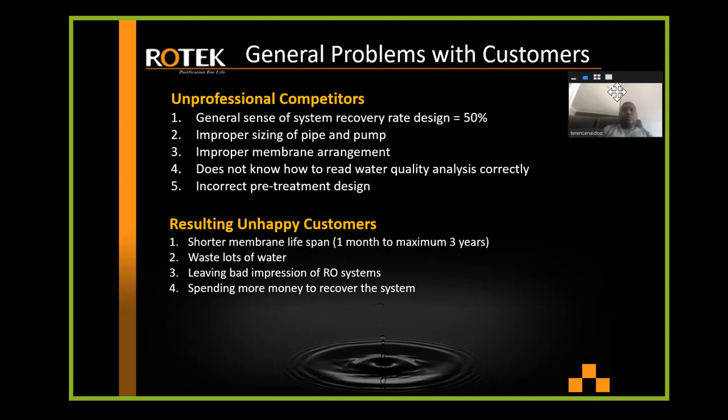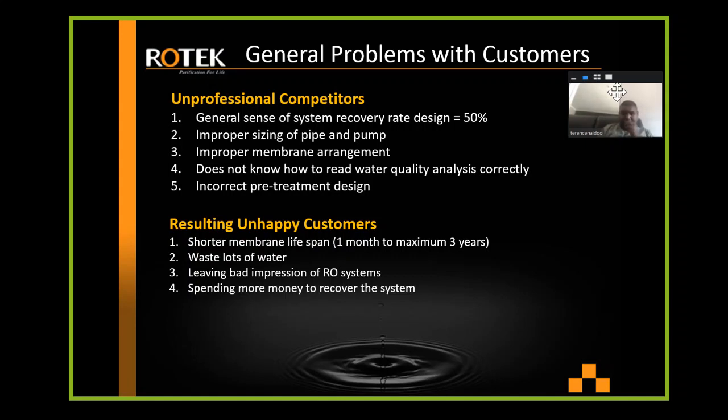Okay, and improper sizing of pipe and pump. Sometimes I see competitors with 8040 membranes, maybe 4 pieces, but their feed pipe is only 1 inch. And the pump, for example, they are getting 4 cubic meters per hour, maybe the feed flow is 8 cubic meters per hour, but the pipe size that they have chosen was incorrect.